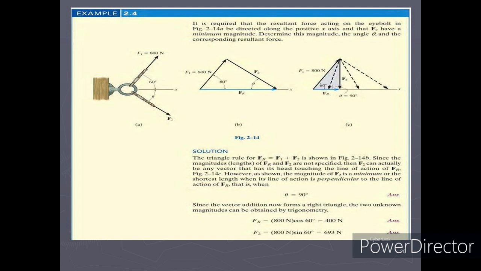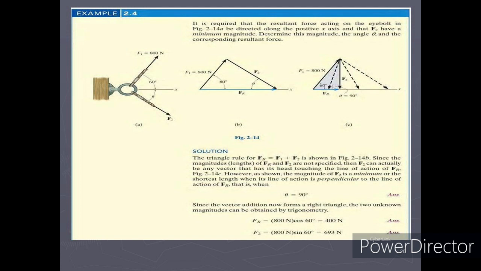We remove the triangle, but don't forget we were told that F2 should be minimum. The magnitude of F2 should be minimum. How do we determine that it should be minimum? From this triangle, we can try to extend it both ways and see. If you extend it this way, it will be increasing. Because as the length increases, so the magnitude, isn't it? So if we extend this way, what about backward? Yeah, this is smaller, isn't it?